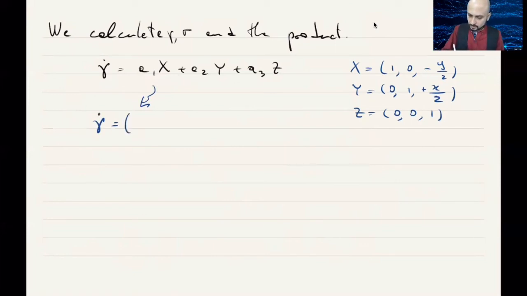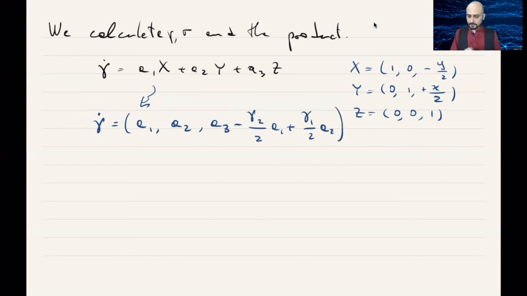Gamma dot is equal to a1, a2, then there is a3, minus gamma 2. So gamma 2 is the second component, the y of gamma. So it is gamma 2 over 2 times a1 plus gamma 1 over 2 times a2.